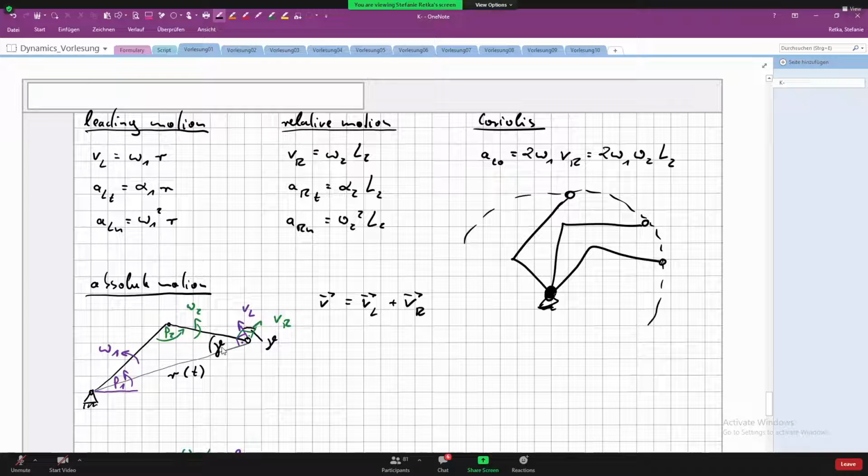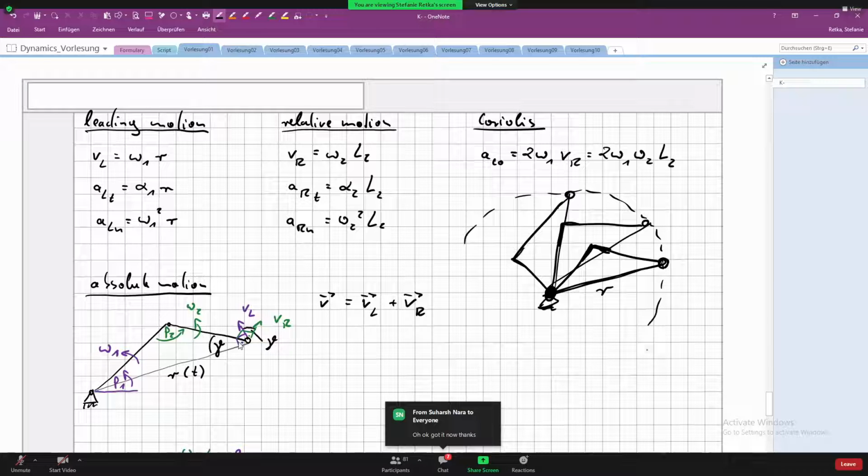The radius of this circular path is the radius of the leading motion. Assuming that we have a rigid connection here, no motion between L1 and L2, it moves like this, and this is always the radius. The velocity depends on radius and angular velocity. That's how we determine the radius.